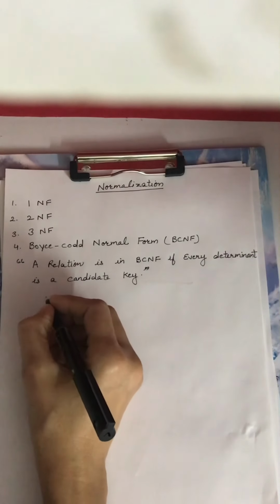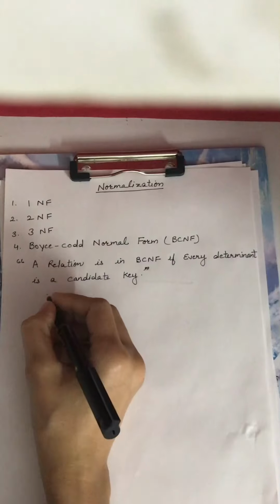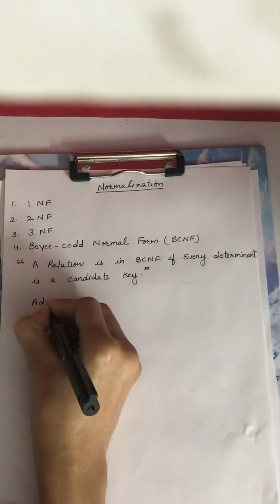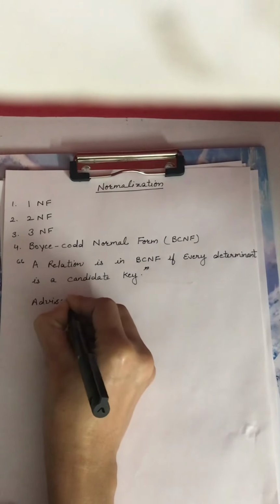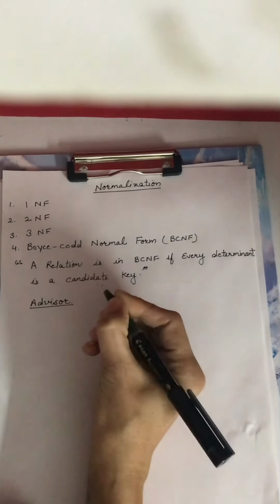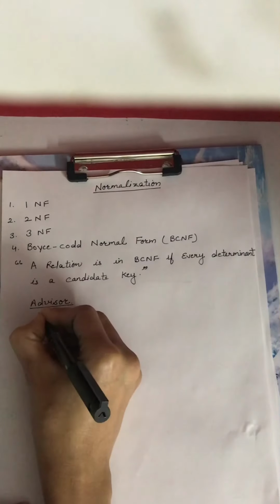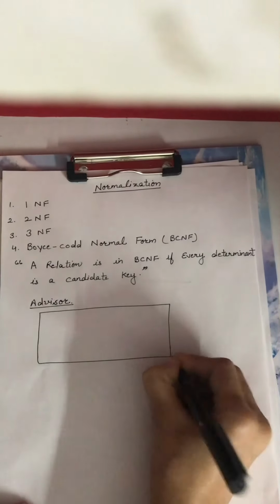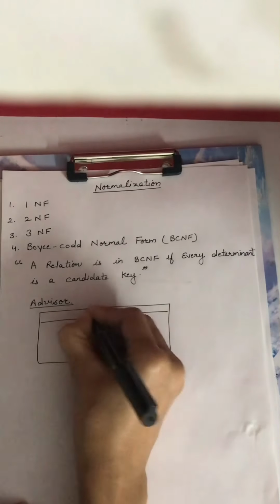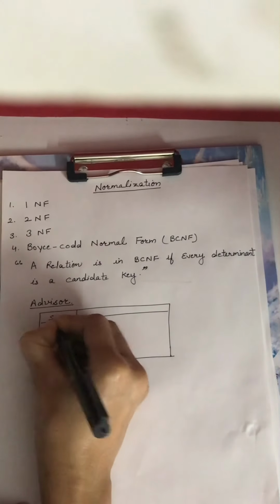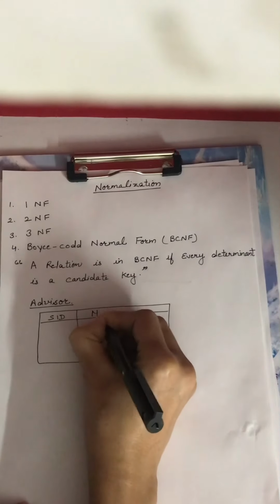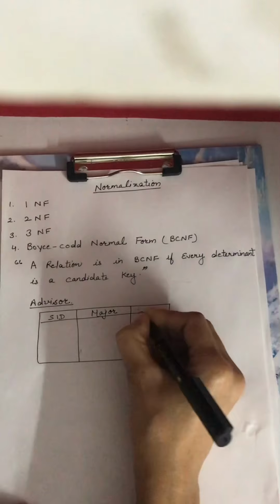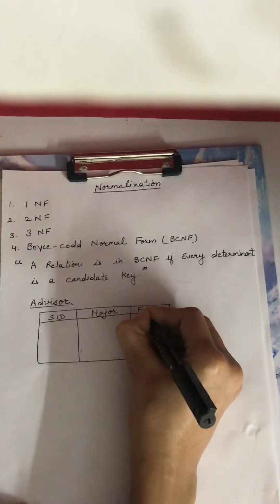Take an example. We have a relation advisor. Advisor relation has three attributes: student ID, SID, major, the subject the student is enrolled in, and faculty name.